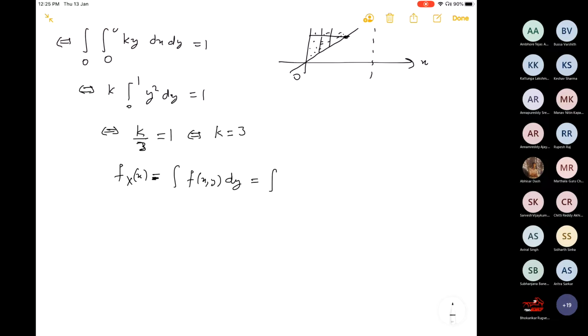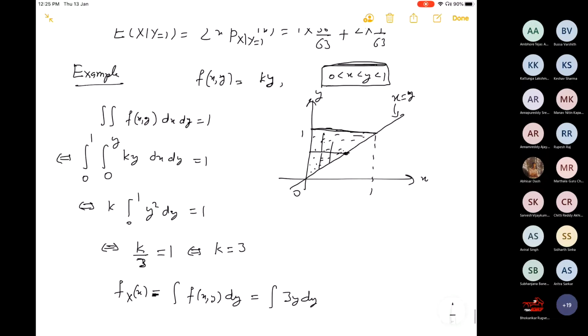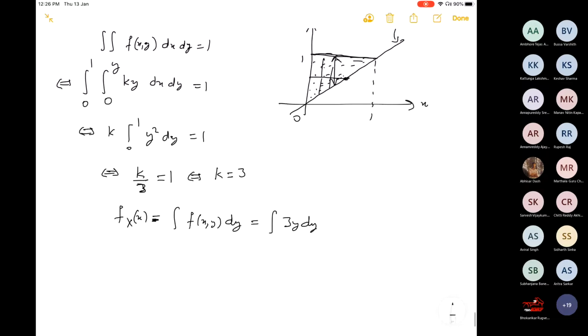So therefore this will be k times y, k is 3, 3y, and y is varying from x to 1. So therefore this will be y square by 2. So 3 by 2 and 1 minus x square. X is between 0 to 1.